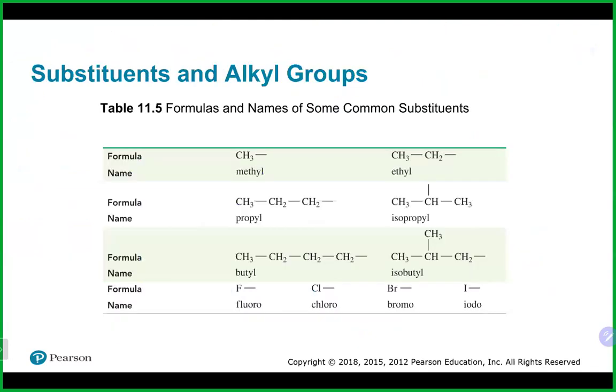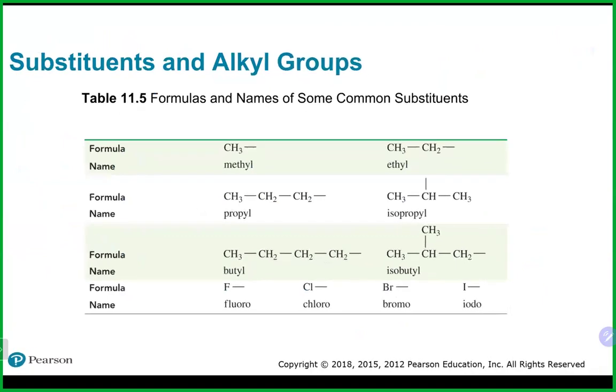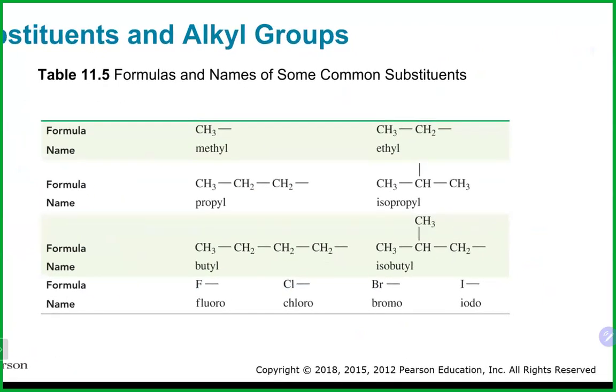Here's a table from your book of some of those groups. As you can see, there's our methyl or ethyl, and you could do it for any alkane. There are some of those special ones, our isopropyl we talked about. Here's our isobutyl. Again, you can see that CH3, CH3 arrangement with the extra CH2 going on there.